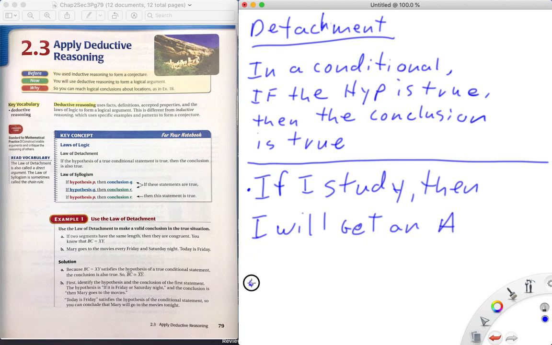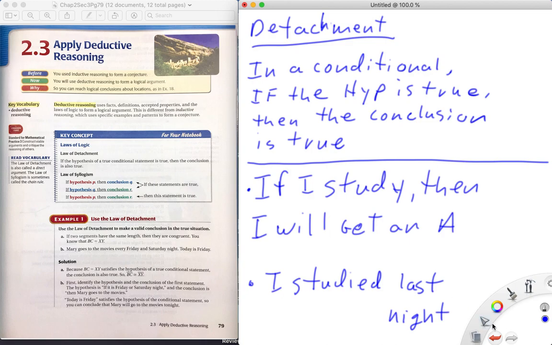Then I'll get the secondary statement saying I studied last night, just making this up. Alright, so since I studied last night, what can I conclude? I can conclude that I will get an A, because I studied last night confirmed the hypothesis of my conditional. Remember, anything after if, I studied, is true. So if I studied is true, then I will get an A is also true. Therefore, I can conclude that I will get an A. That is the law of detachment.